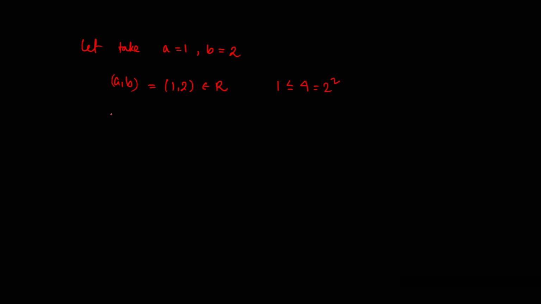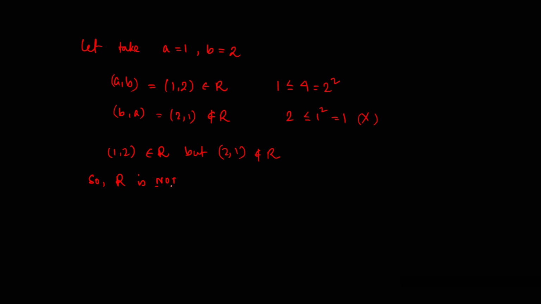Now check (B, A), that is (2, 1). It does not belong to R, because 2 is not less than or equal to 1 square, that means 1. So this is false. So we have got a pair (1, 2) that belongs to R, but (2, 1) does not belong to R. So R is not symmetric.